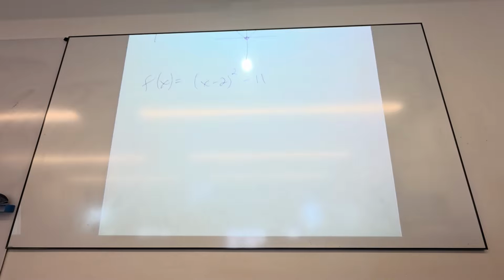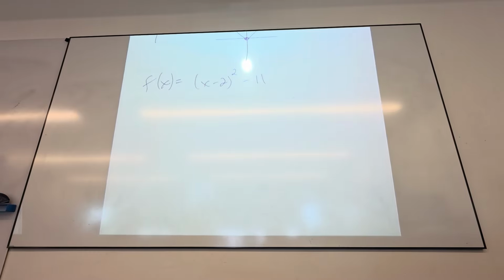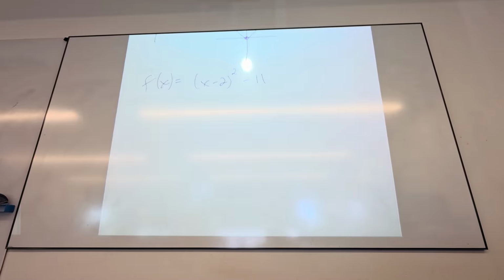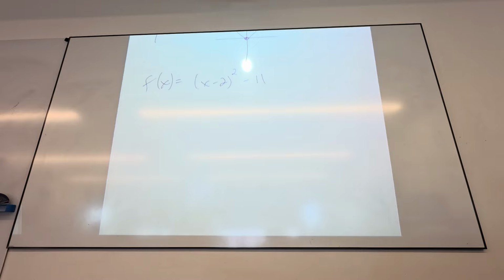So what are the shifts? How would it move? Right 2. So the vertex started at 0, 0, correct? So it moves right 2. Down 11. So where did it end up? What point? 2, negative 11. You guys with me?